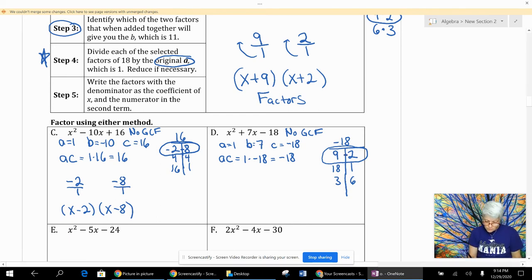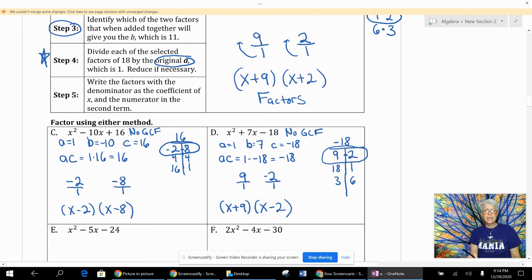If I put a negative in front of the 2, I will get a positive 7. So there again, I'm having to be sneaky. I'm going to write my 9 and my negative 2, divide both by A, and A is 1. Bottoms up: x plus 9, x minus 2.